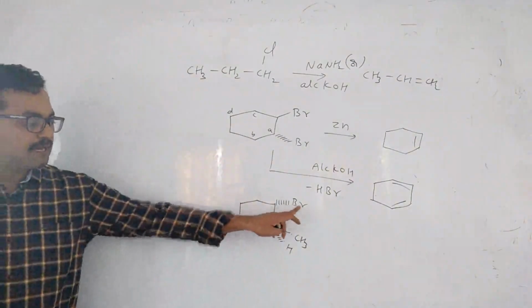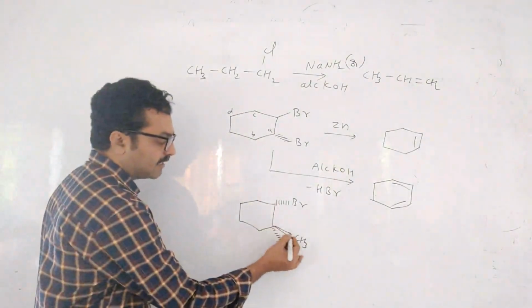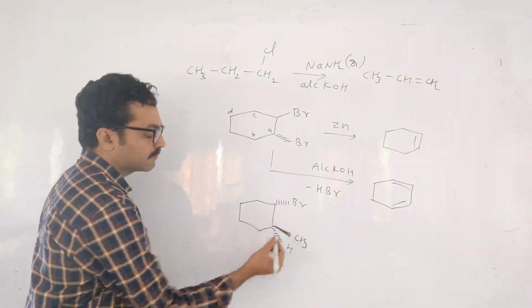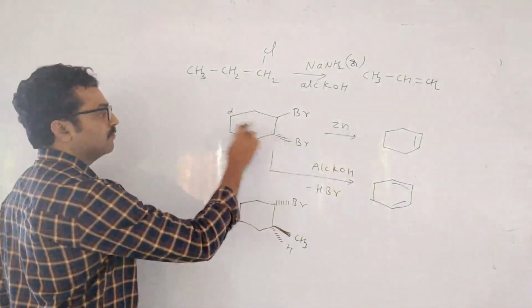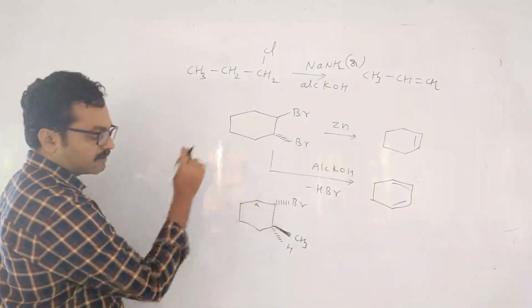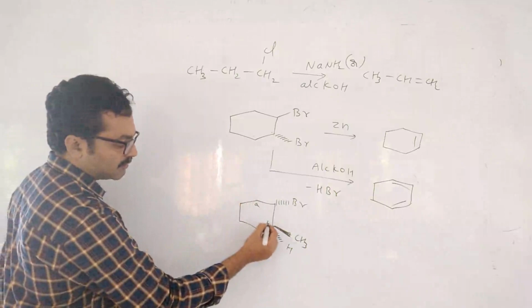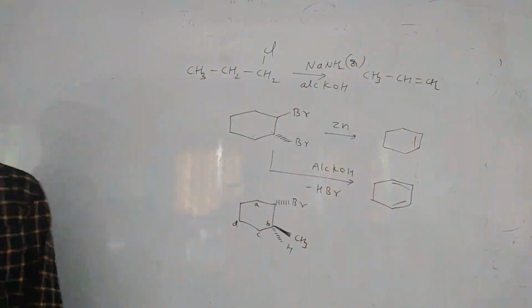If Br is given like this and H is also given like this, now where can the alkene be formed? Now I will give A, B, C. Here you see, this is A. From here hydrogen can be removed, or this is B, this is C, this is D. Now where can the hydrogen atom be removed?